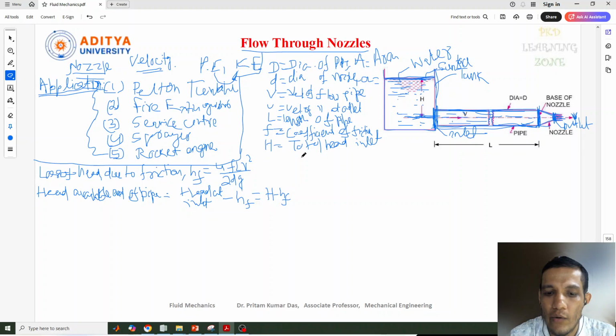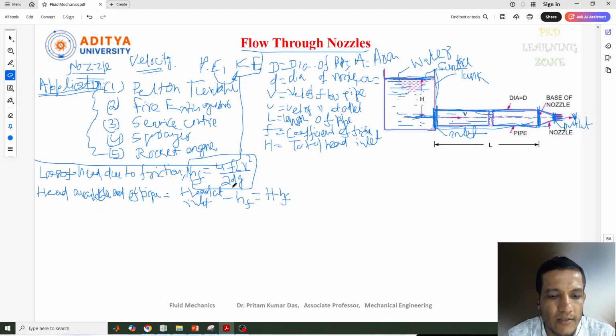If you substitute this value, we get 4f L V square by 2dg. The remaining losses, the minor losses, we can ignore.